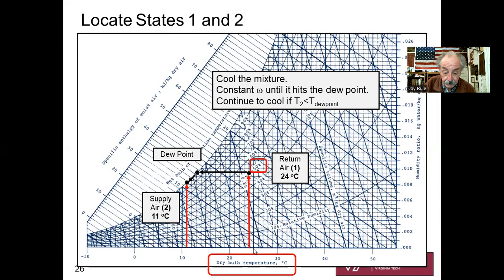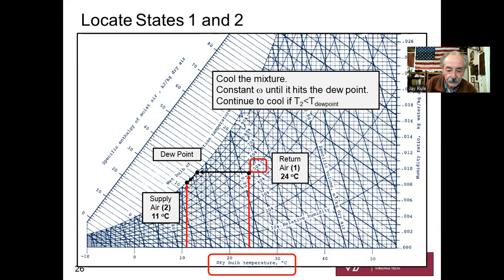All right, so let's locate states 1 and 2. State 1, given. We've got 24 degrees C coming into the air handler at 50% relative humidity. Just put a big black dot there. We will start cooling our mixture as the air passes across the cold evaporator, and it starts cooling at constant humidity ratio until it hits the dew point.